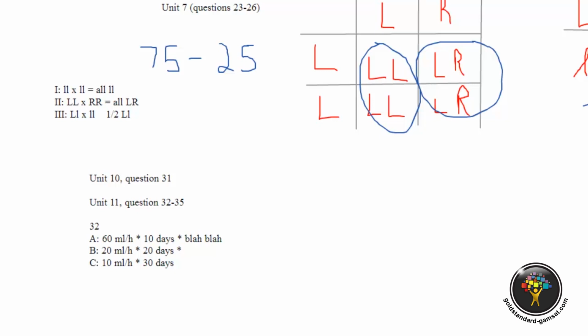So 32 is A. I have to warn you though, I would actually believe that many people get 32 correct just because 32A, the Nelly fowl, has the curve which is highest.